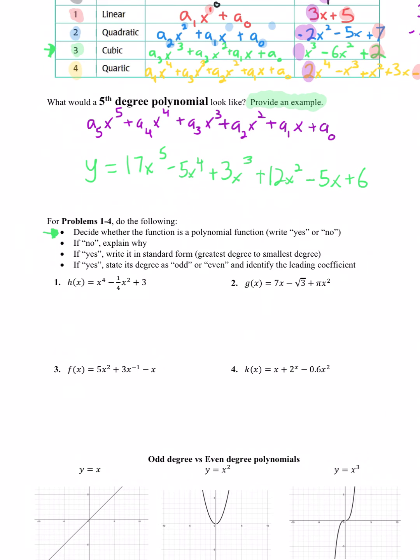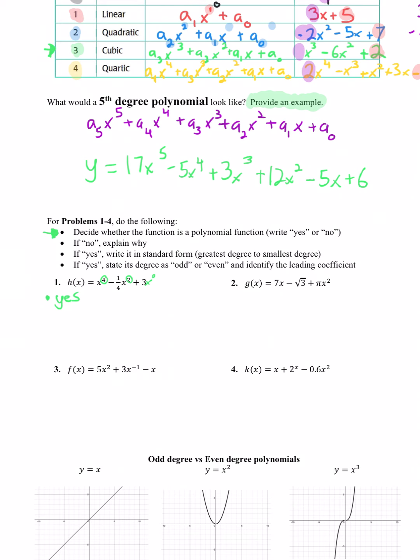So for example, number 1, we'll just do a little dot. And I see, all right, it starts with an x to the 4th. It's got an x squared and then an x to the 0 power technically here. So yes, it's a polynomial function because all of the exponents are positive numbers and they're all integer values. So that's what I need to do to decide if it's a polynomial function.